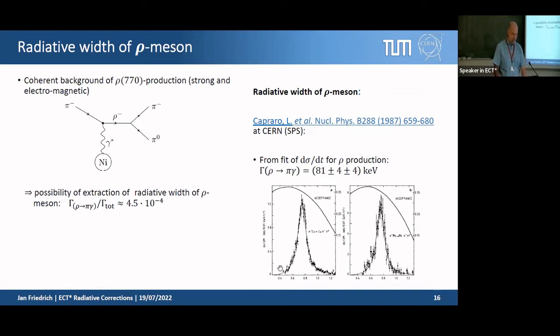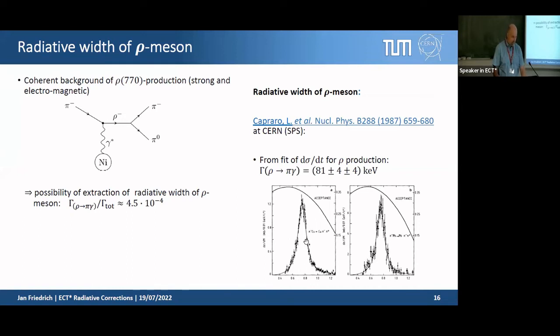And they have comparatively nice statistics in the rho region, or what means nice, I mean, it's sufficient to get the radiative width of the rho with a precision of 5 to 7%. And it doesn't cover the threshold region. This is where the Serpukhov data sit.